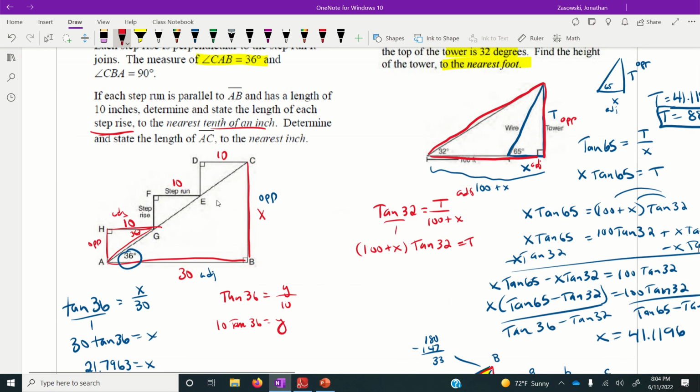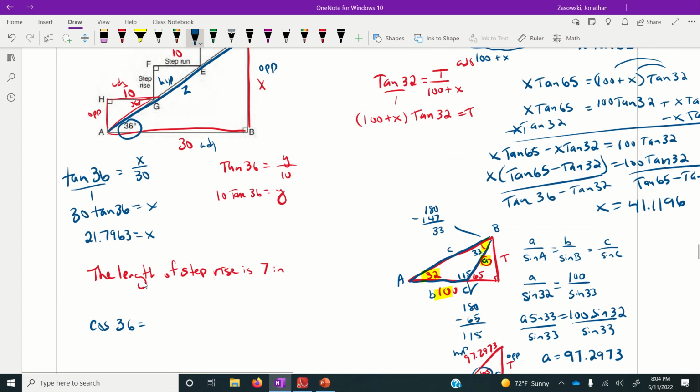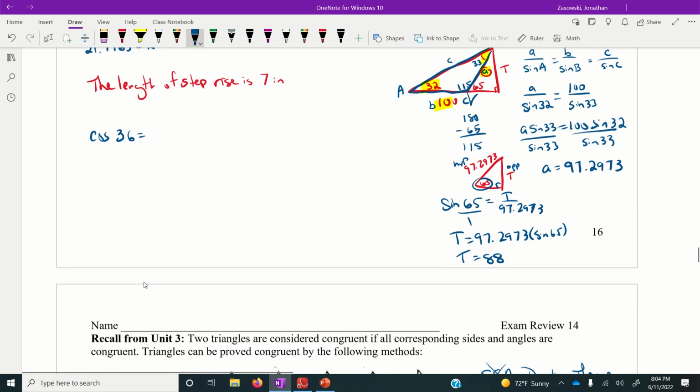That's the second part. So remember that now we want to determine this length, because this is kind of like a two-part question, all right? We want to find this. So we used x, we used y. How about z, okay? We are using the adjacent and now the hypotenuse. So we're going to do cosine of 36 is equal to the adjacent, which is 30, over the hypotenuse, which is z. Sorry for the back and forth there. Cross multiply, we're going to get z times the cosine of 36 is equal to 30.